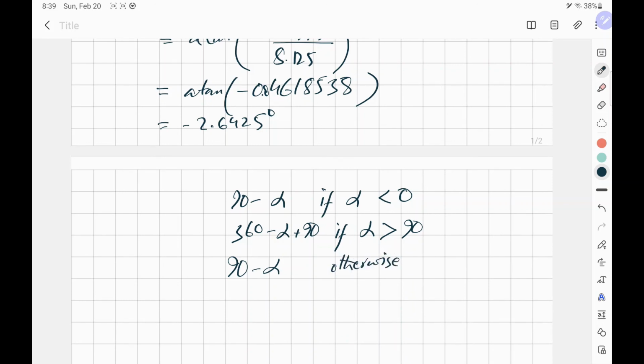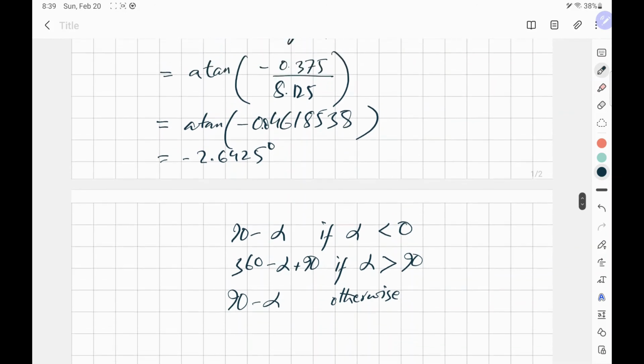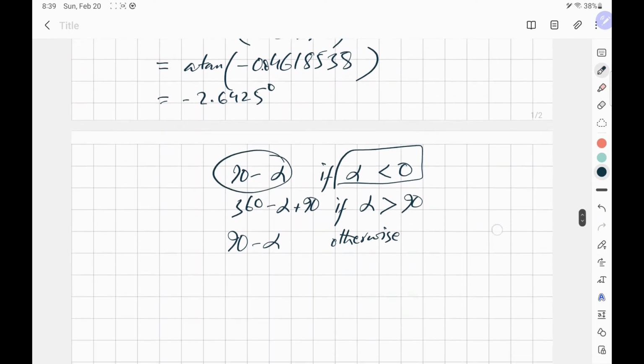So in this case, we have the aspect value as negative, so this condition is fulfilled.